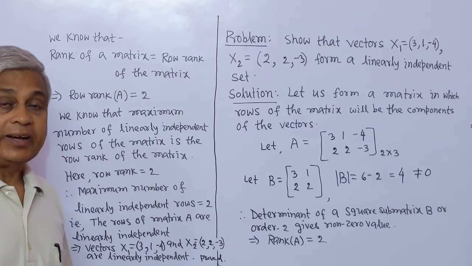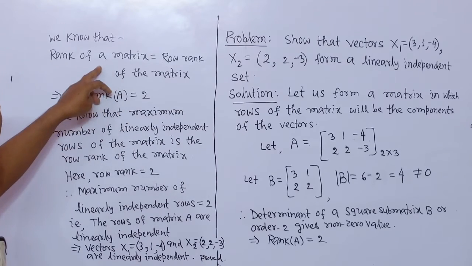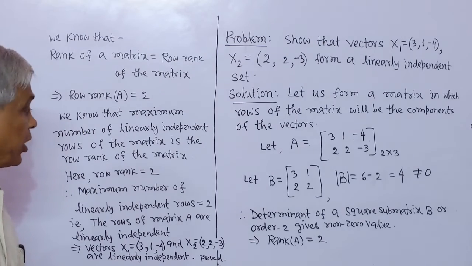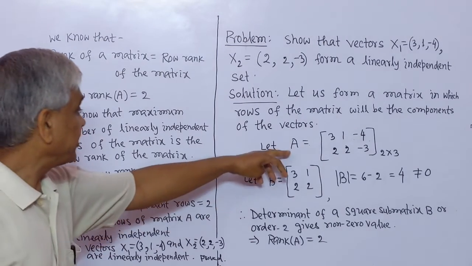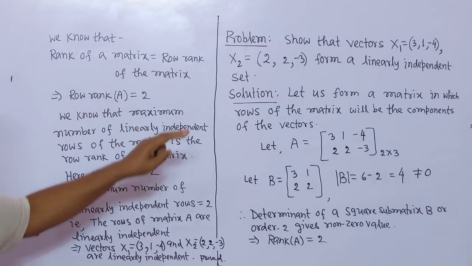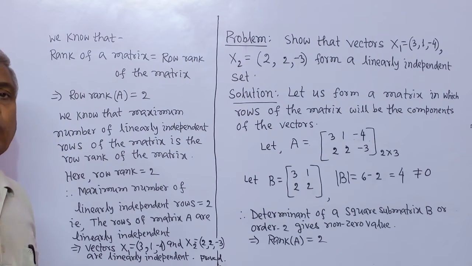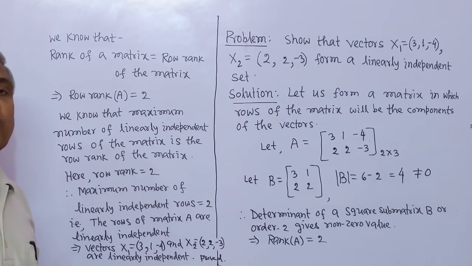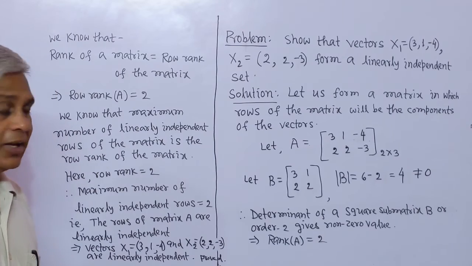Since we know that the rank of a matrix equals the row rank of the matrix, the row rank of matrix A will be 2. We know that the maximum number of linearly independent rows of the matrix is the row rank of the matrix.